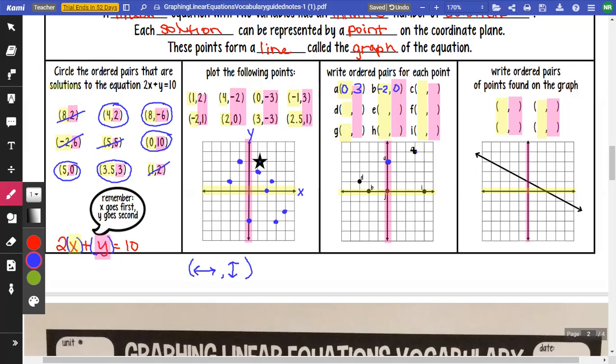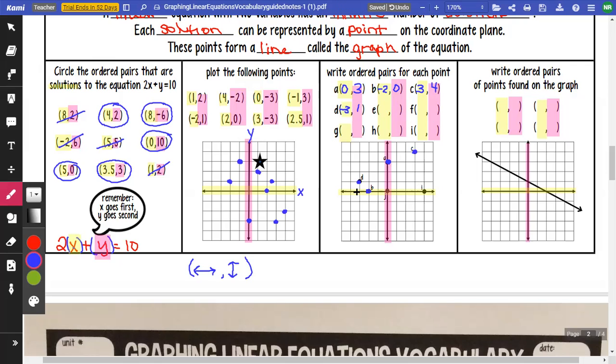C is over here, so we go right 3, positive 3. And then we go up 4, positive 4. D, we go left 3, negative 3. Up 1, positive 1.